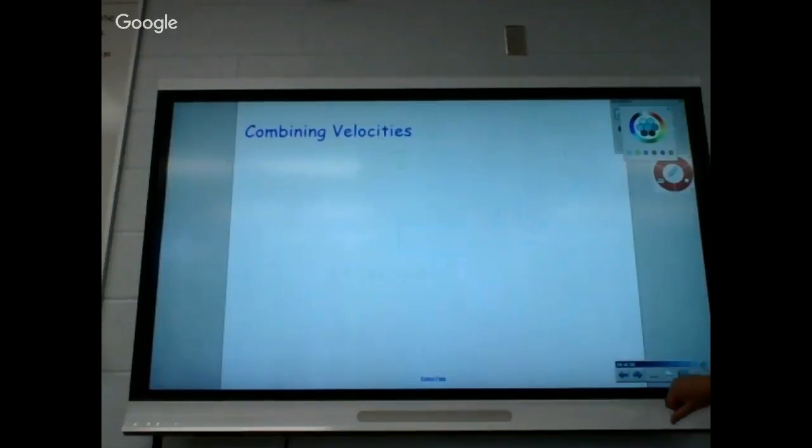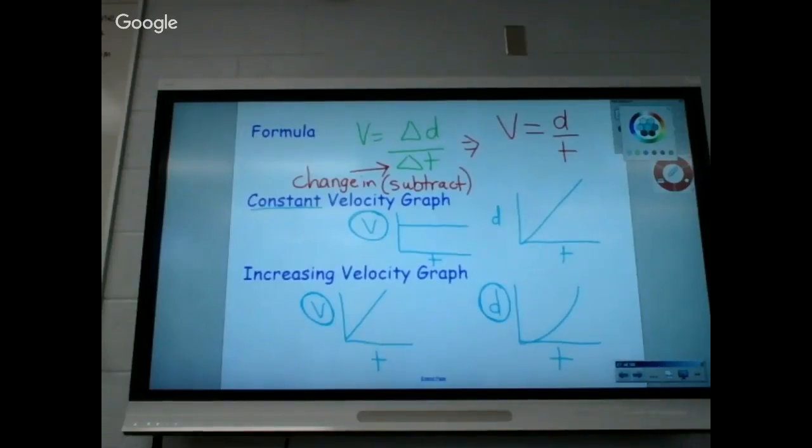Tanya, I'm going to make you be it. Write combining velocities down in your notes so you can tell me where I need to pick up. That way I know where I left off. And Monday we're going to have to spend some time with some math.